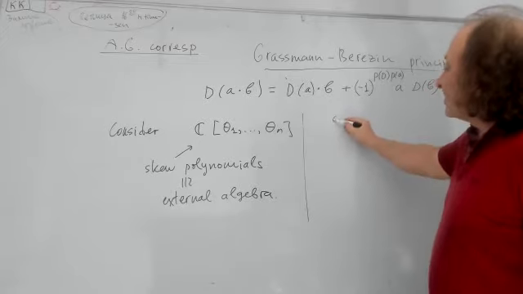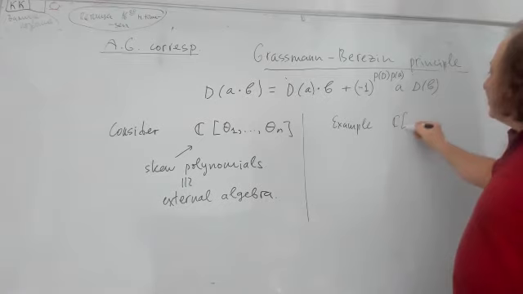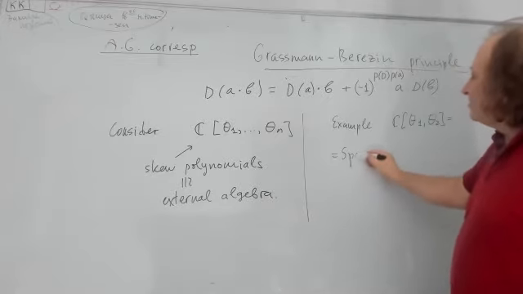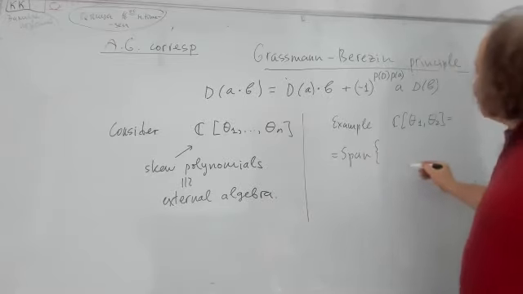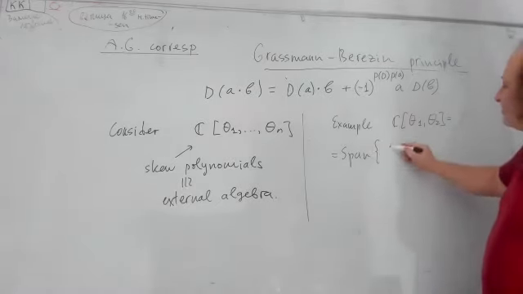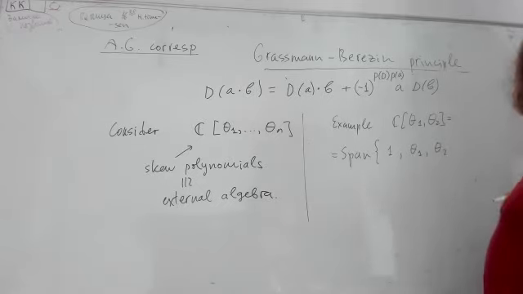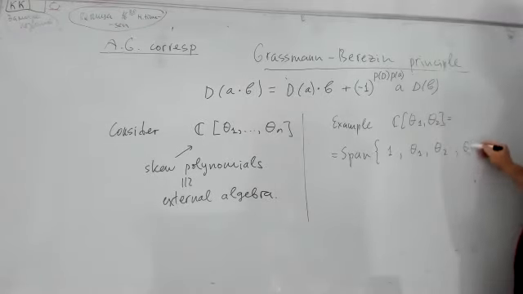With this example, C of theta 1, theta 2 is a span over complex numbers of 1, theta 1, theta 2, and theta 1 theta 2.